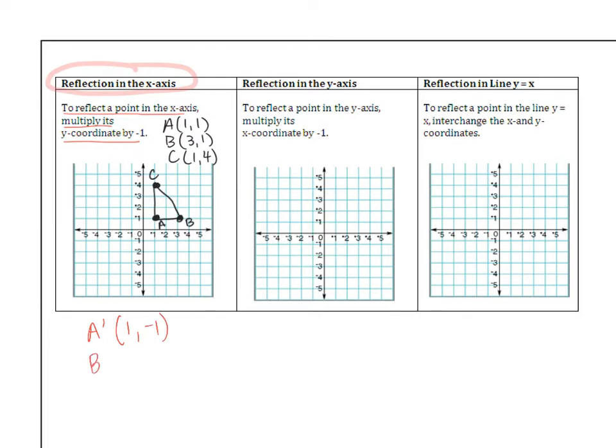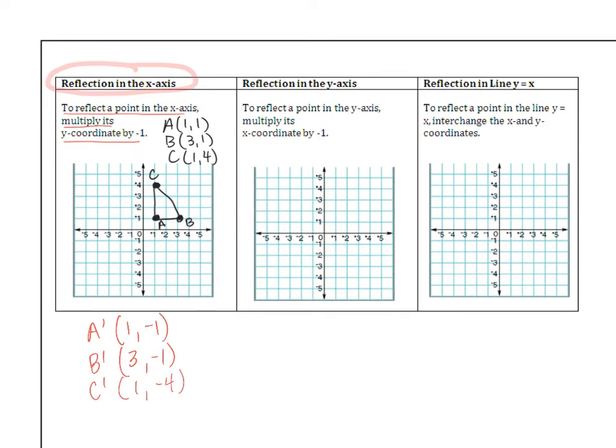Our new B prime, or B with a little apostrophe by it, is going to be 3, -1. We left the 3 alone, but we take the second coordinate, the y value, and we multiply by -1. And our C prime is going to be 1, -4.